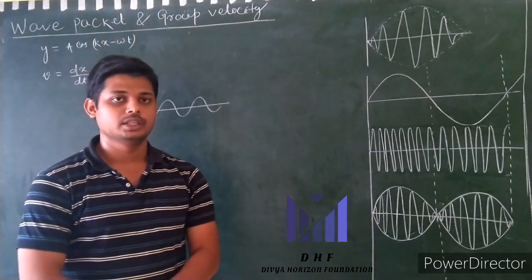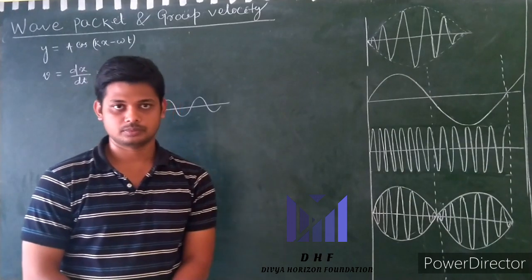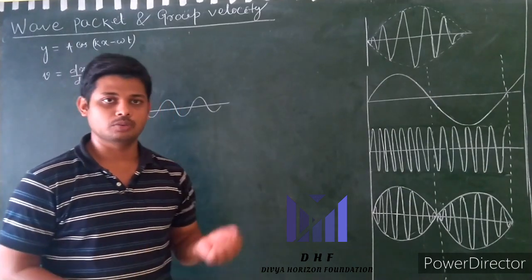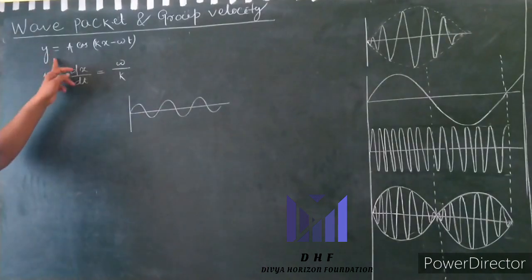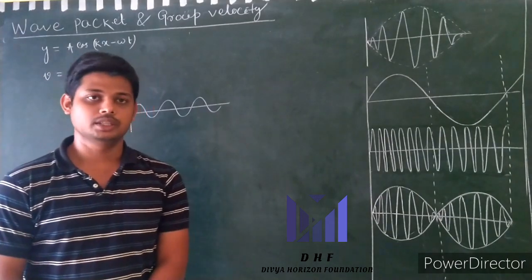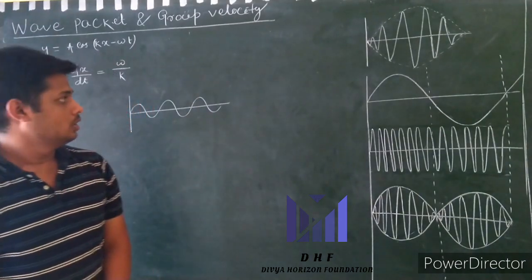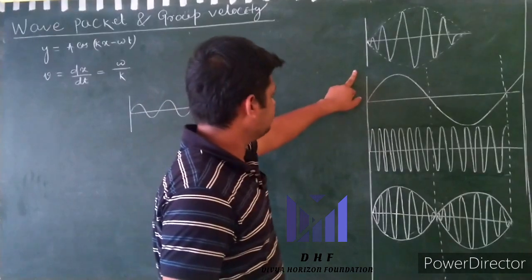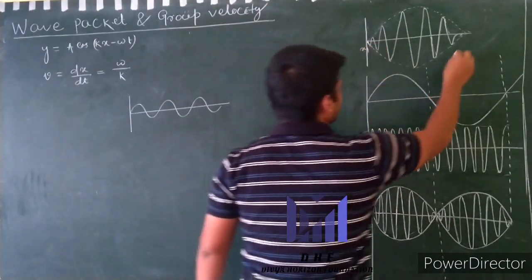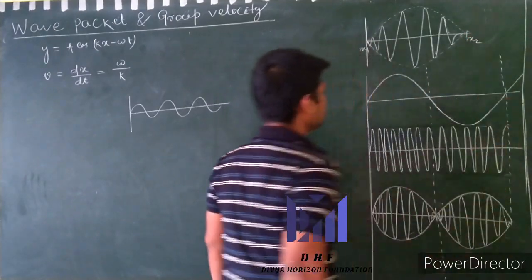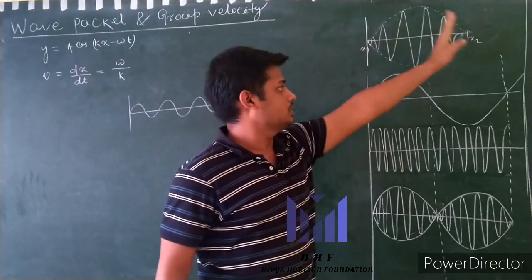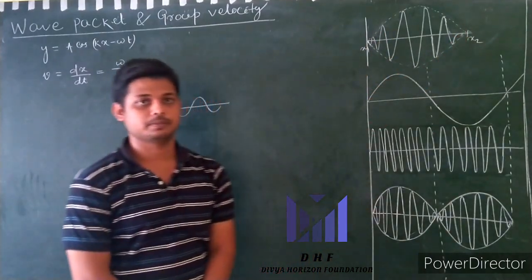They are confined in a very small region, which means in a very small region there is some value of y, and outside that region the value of y is negligible. We can see in this picture that this is x1 and this is x2. In this region the wave exists, and outside this region the wave does not exist.